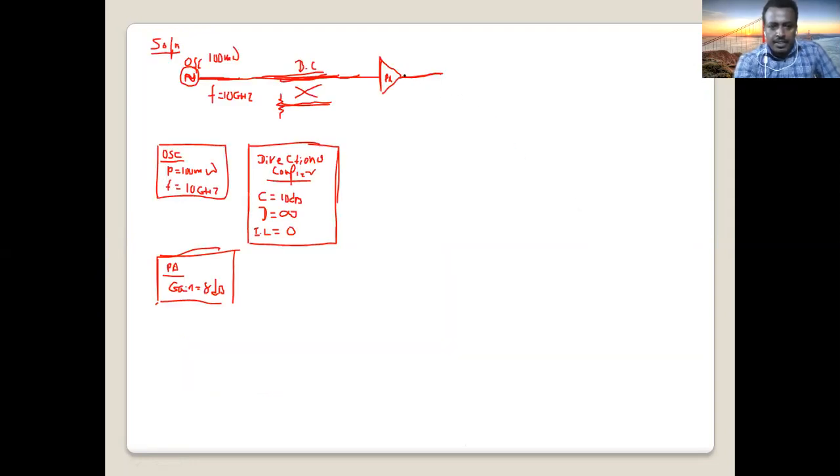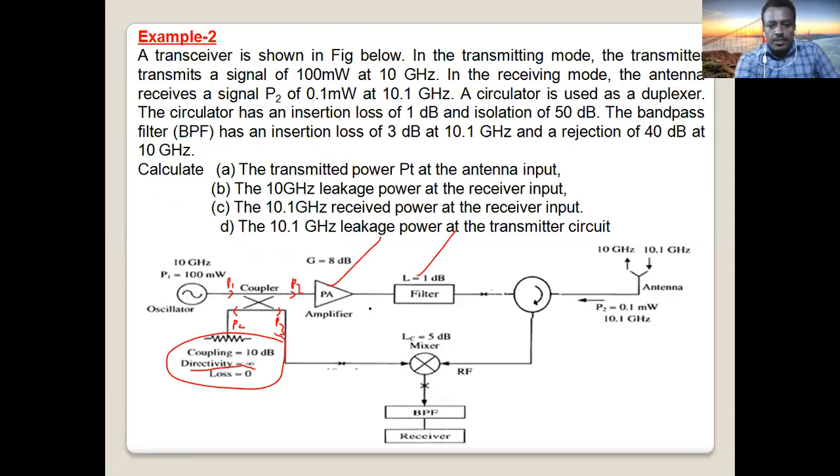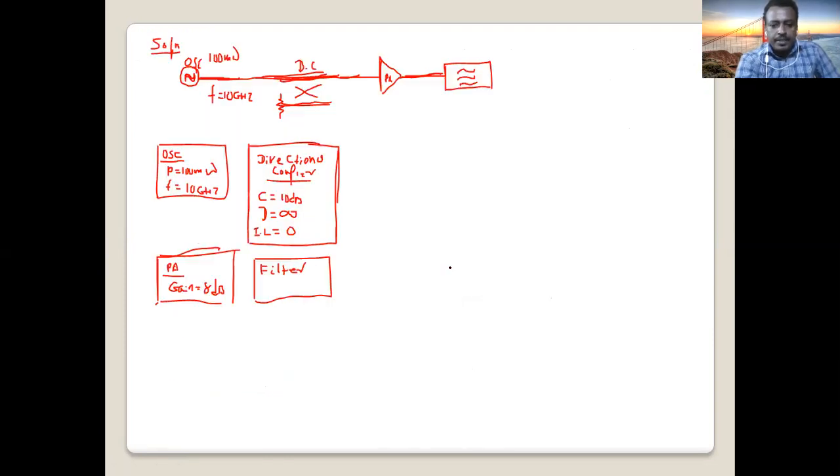After amplification, the signal goes to a filter. We'll discuss microwave filters next time. In this case, this filter, another device, has how much loss? A loss of 1 dB is given.